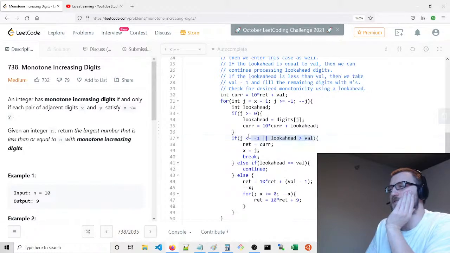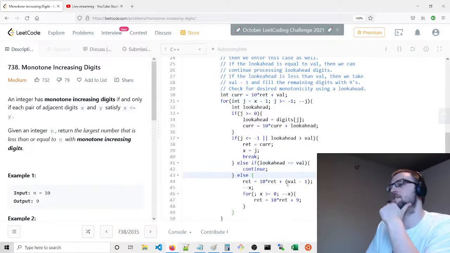So this is false, but this is also false. So we should hit this point.